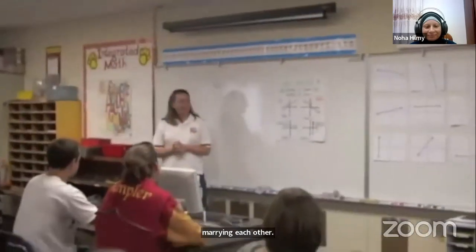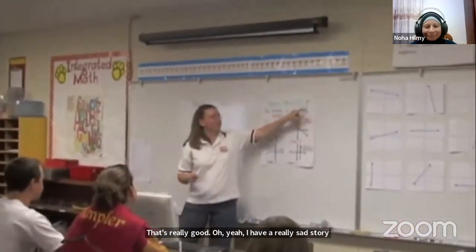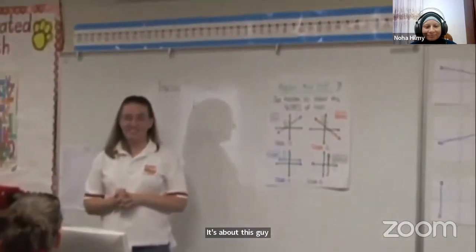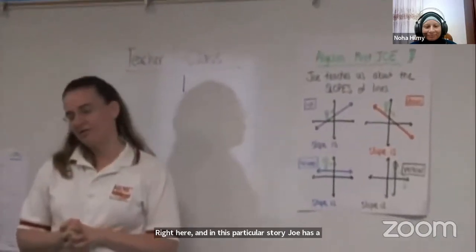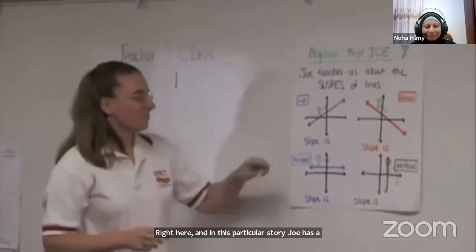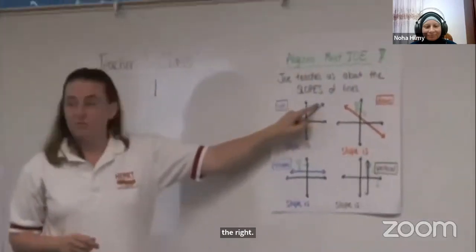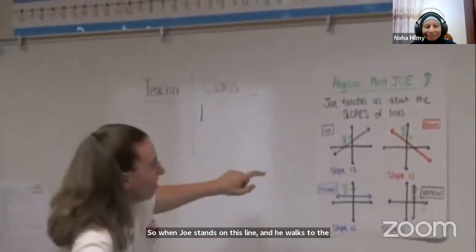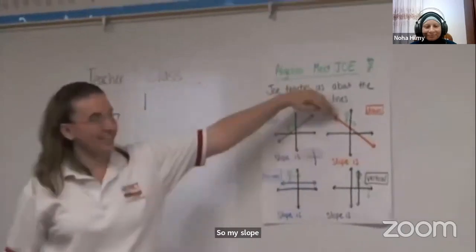Now, I have a really sad story to tell you today. It's about this guy named Joe. This is Joe right here. And in this particular story, Joe has a disease. And and his disease is that he can only walk to the right. Give me an So when Joe stands on this line and he walks to the right, he goes up. So my slope is positive.